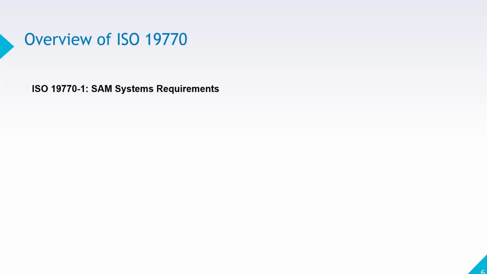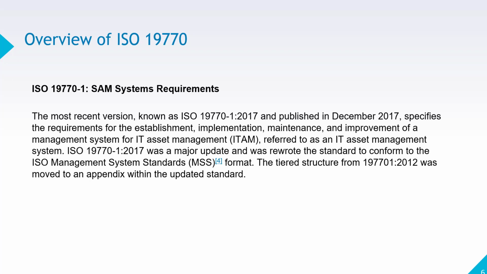ISO 19770-1, SAM Systems Requirements. The most recent version, known as ISO 19770-1 for the year 2017, and published in December 2017, specifies the requirements for the establishment, implementation, maintenance, and improvement of a management system for IT asset management, ITAM, referred to as an IT asset management system.